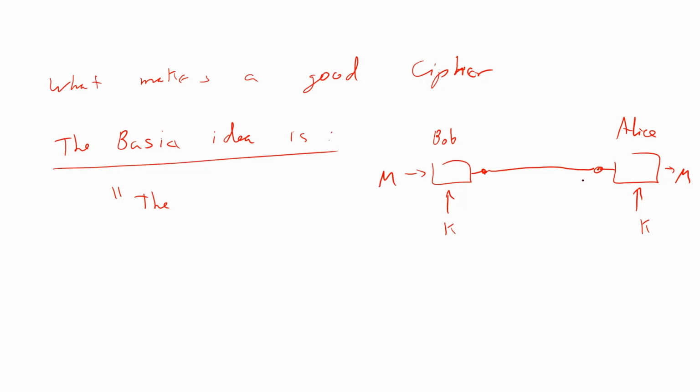Whatever it is, it's a communication channel, and this gets tapped by Zelda, an eavesdropper. Maybe you have a firewall here and a firewall over there, so Zelda cannot go in that direction, and she cannot go in that direction, but she has full access to this space here.